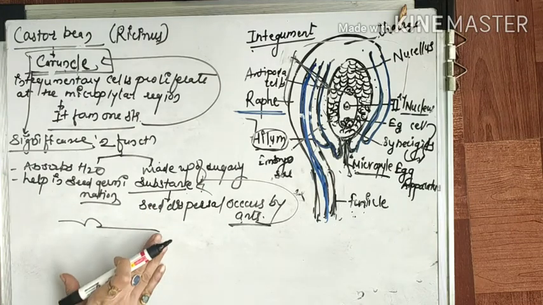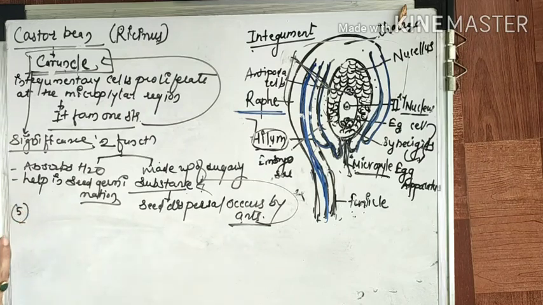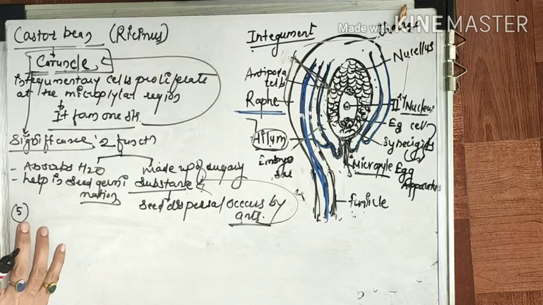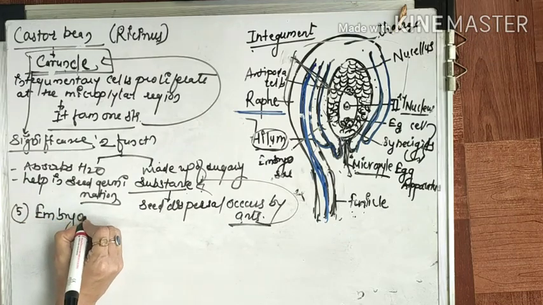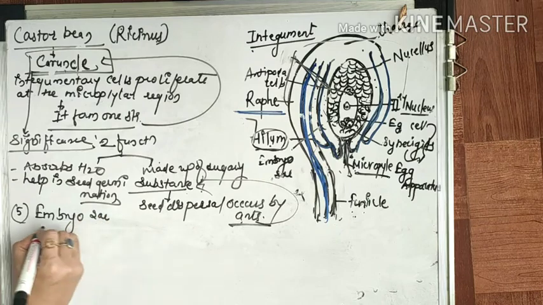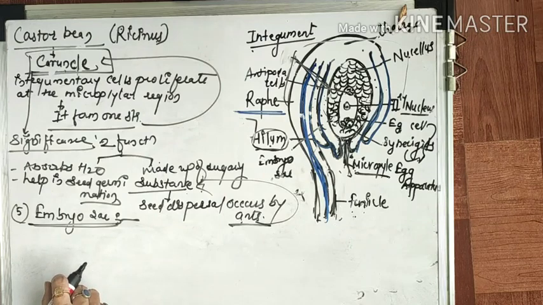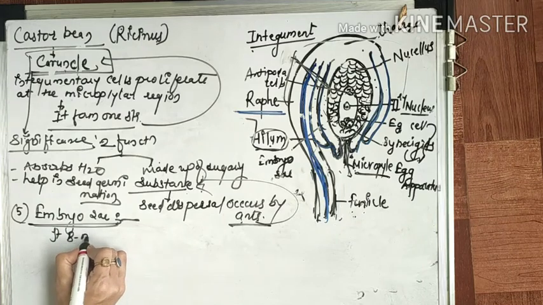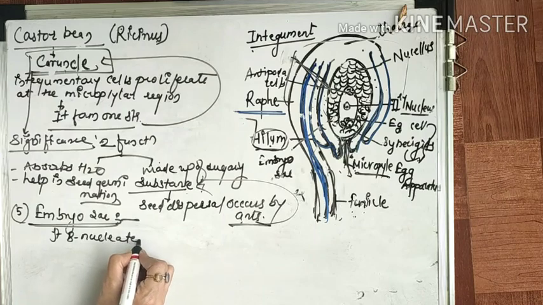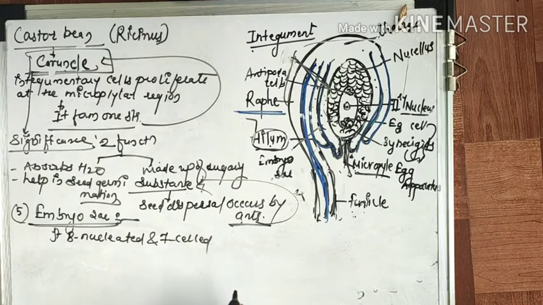Now this is the fourth part. Now we see the fifth part of the body of the ovule, which is known as the embryo sac. Generally, it is an 8-nucleated and 7-celled structure.